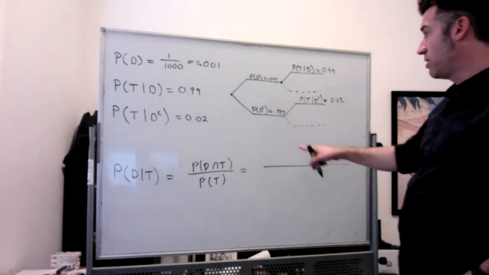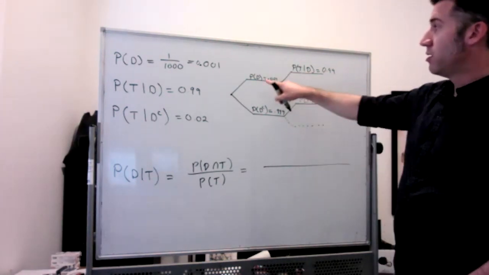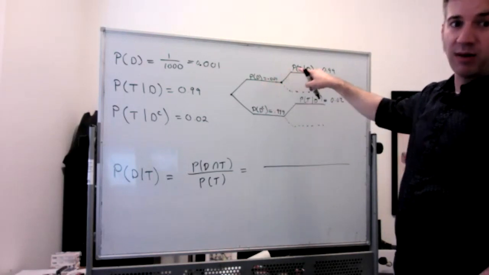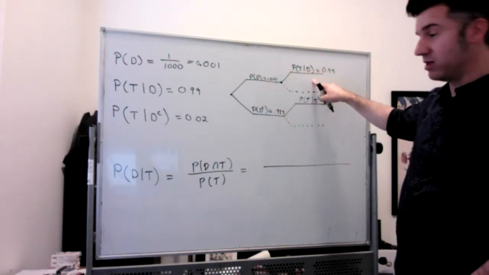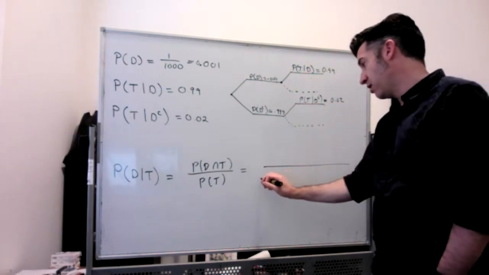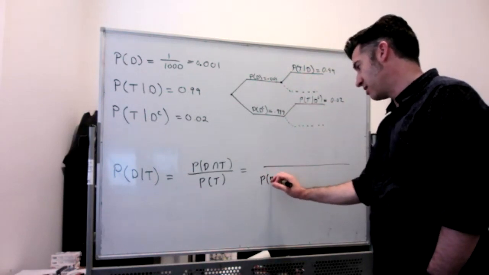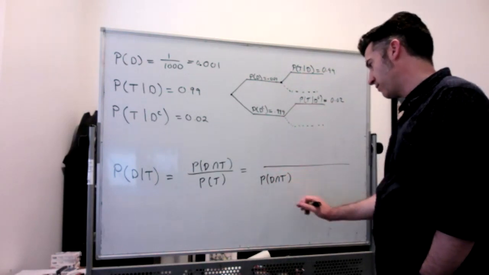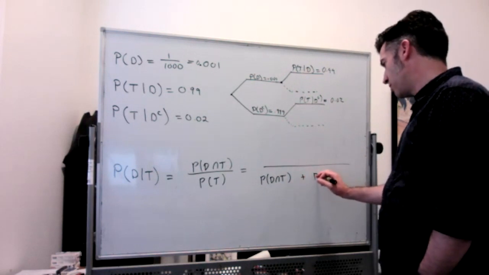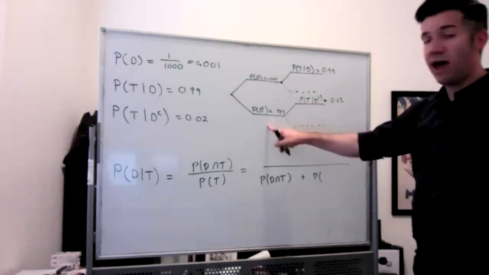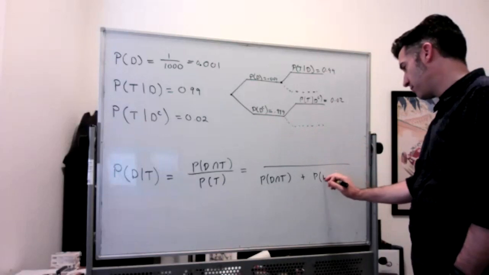So the probability of testing positive is the probability of having the disease times the probability of testing positive given that you have the disease. Or some people like to write it as the probability of having the disease and testing positive plus the probability of not having the disease and testing positive.